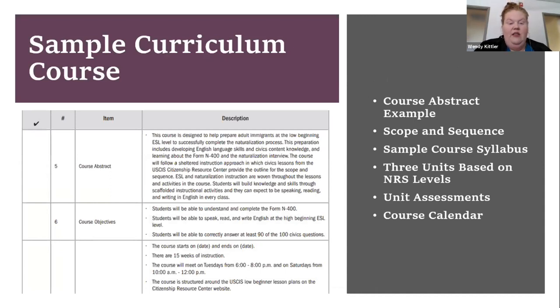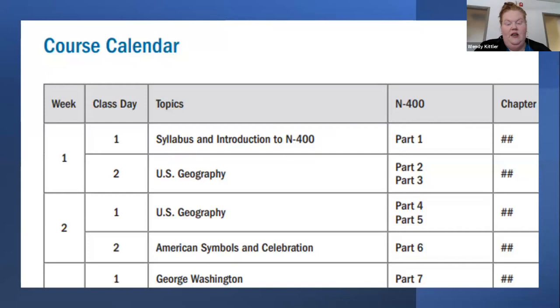And so in the curriculum, they give you an example of course abstract, a scope and sequence, a sample syllabus. They have 3 units based on the NRS levels, and they have it divided into lessons. They give you unit assessments, and they give you a course calendar. This is a screenshot of what the course calendar looks like.